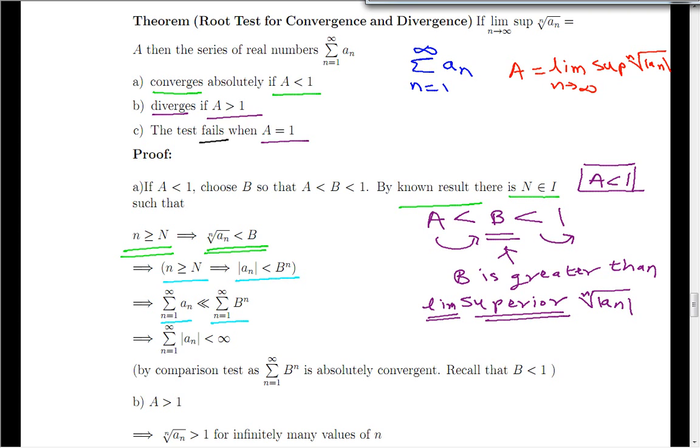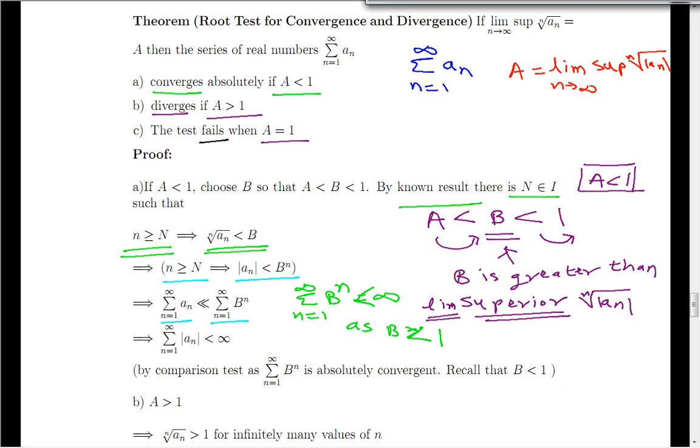But the series b^n converges as b is less than 1.